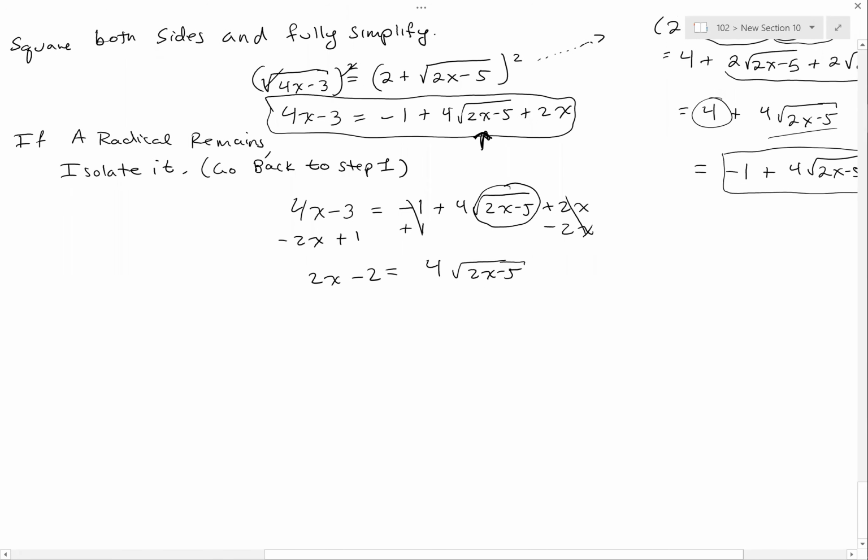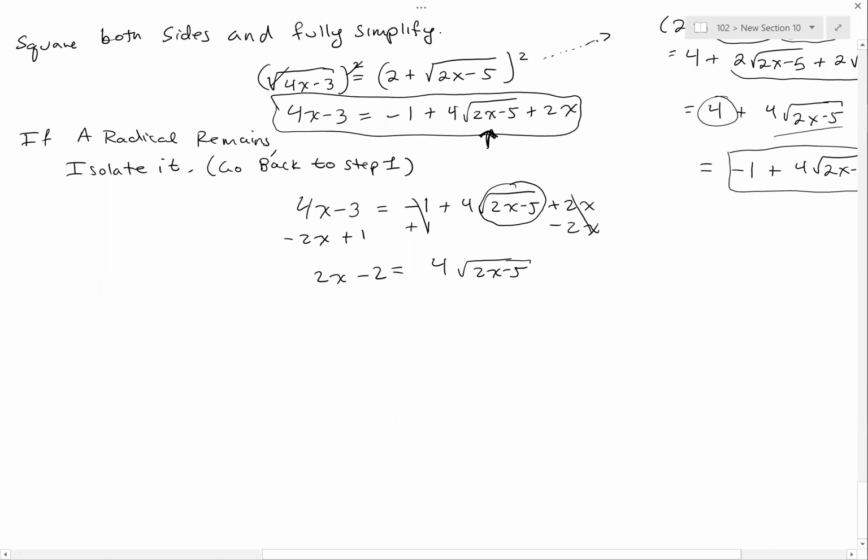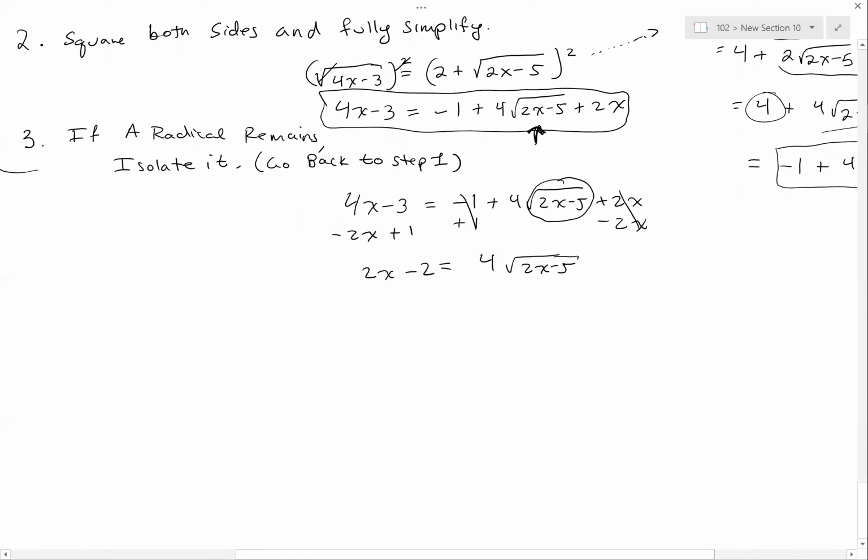Now the following is an optional step. I'm not going to make it a requirement. But if you happen to notice that you can simplify both sides by dividing by some number, in this case, if I were to divide both sides by 2, the equation does simplify quite a bit. I'm not going to do that step here because in general you will not be able to do it, but try it yourself.